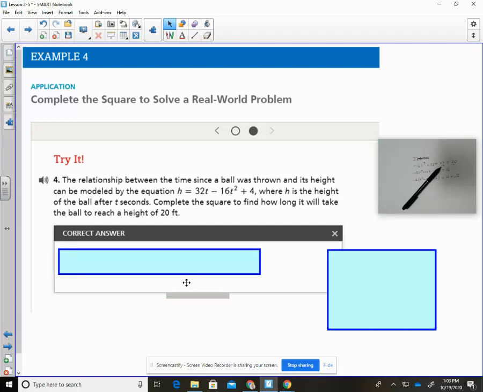What did I do wrong? Was it at 20 feet? Minus 2 gives me 0.